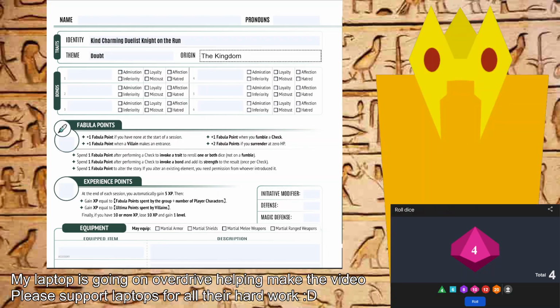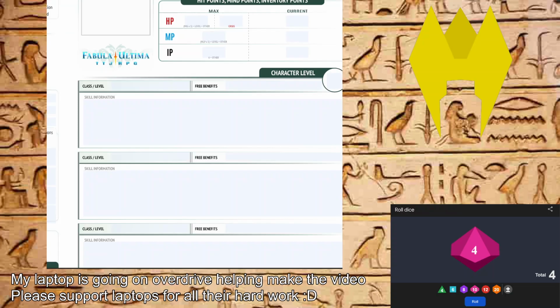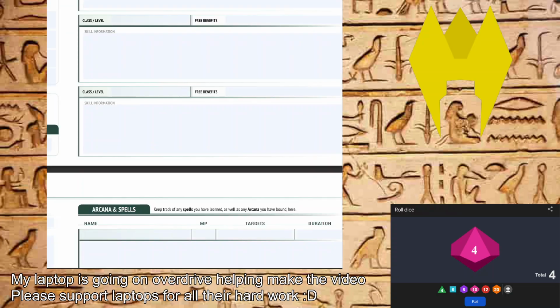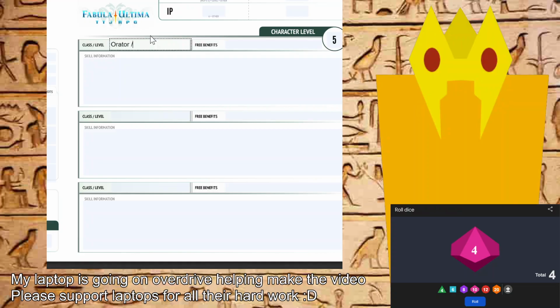So, here are our classes, right? Let me just scroll over to here and go all the way down here. Right, our classes. Now, of course, we're going to do our 5 levels. Then we're going to do orator. Orator 1.